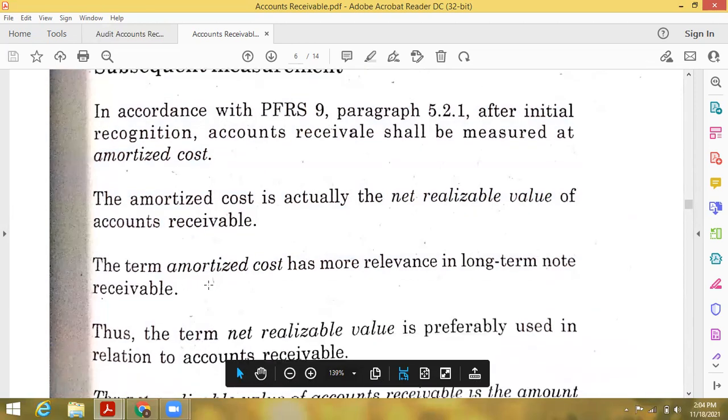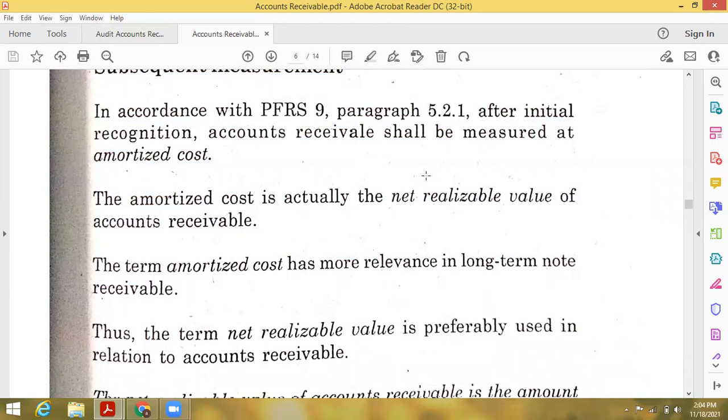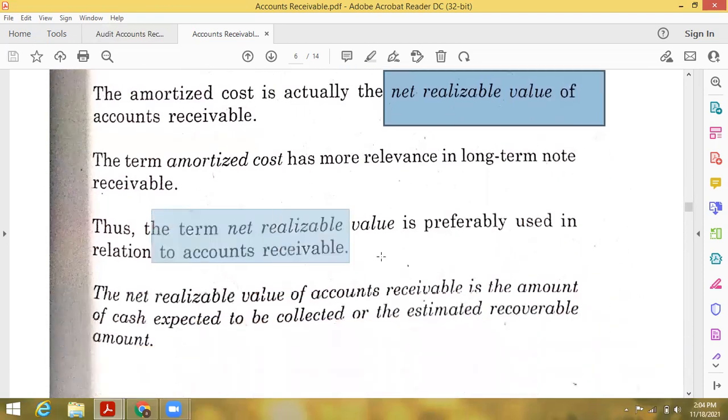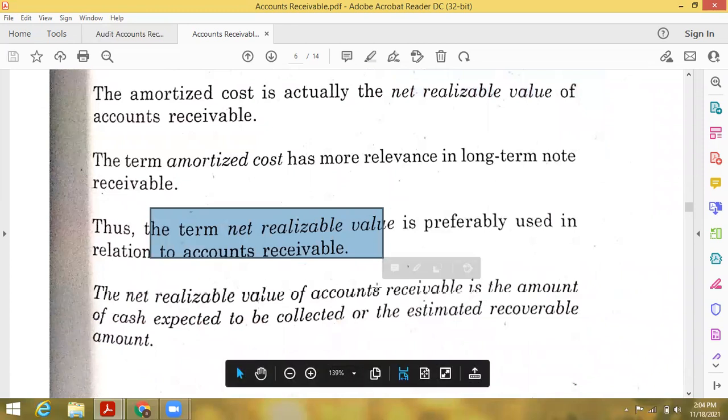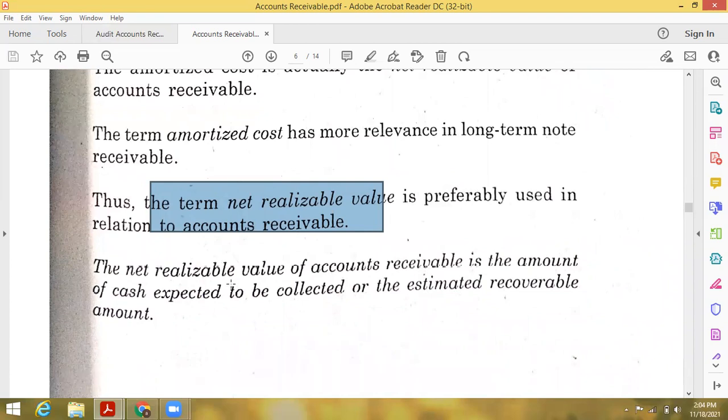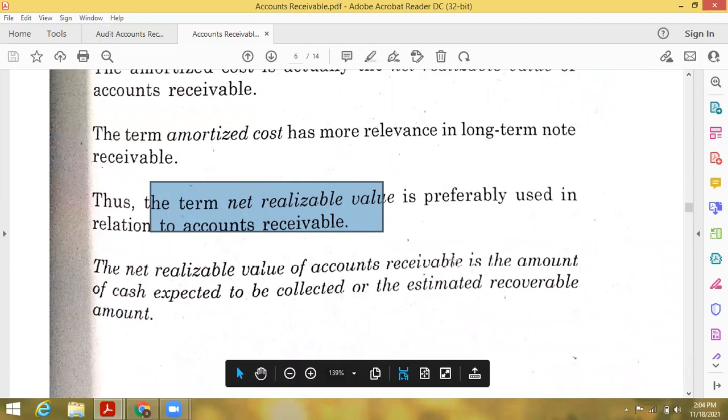The term amortized cost has more relevance in long-term note receivable. So, ang gagamitin daw natin is the NRV or net realizable value pag accounts receivable. The NRV is, so ano yung NRV ng accounts receivable natin? So, NRV is the amount of cash expected to be collected or estimated receivable amount.